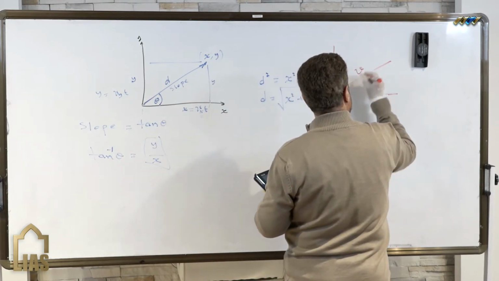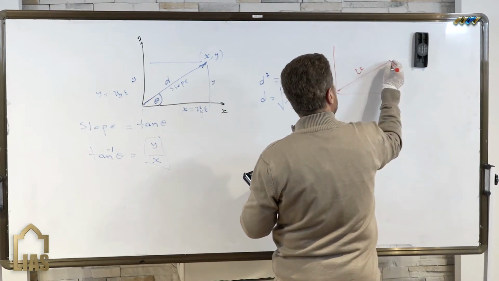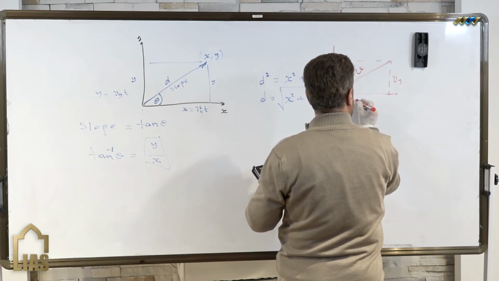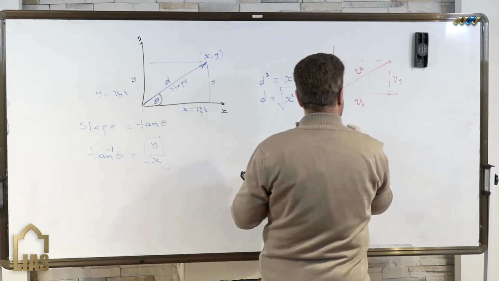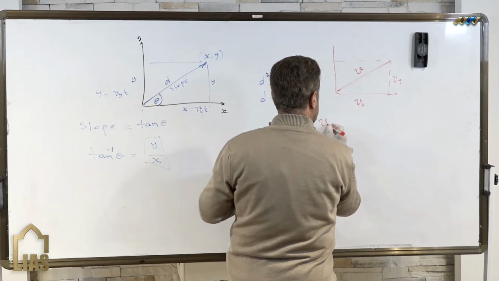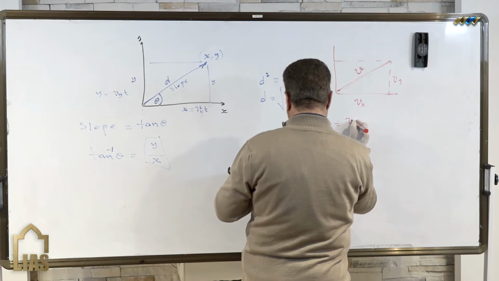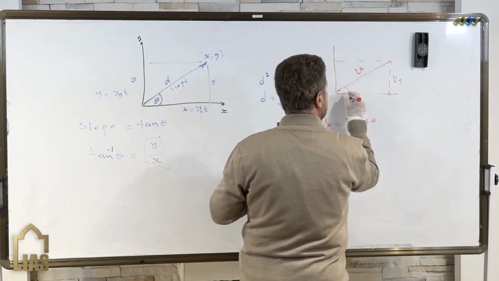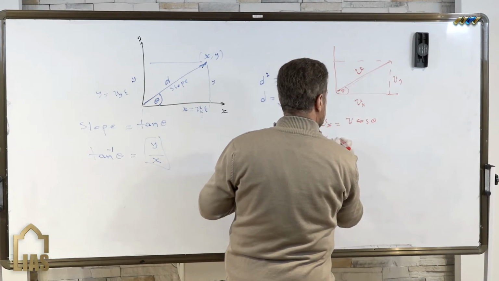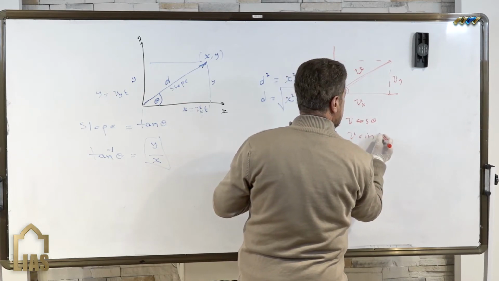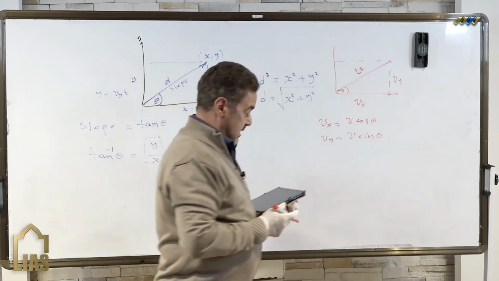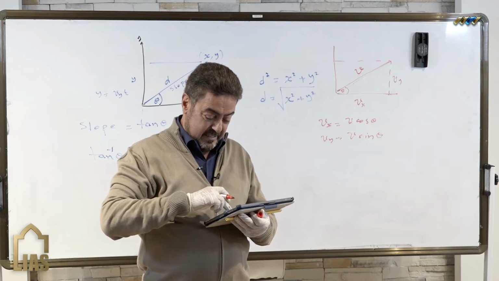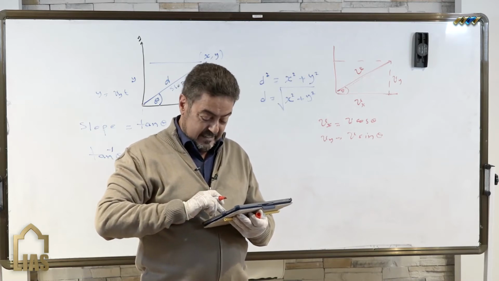But if we say here V, then also we have Vy and Vx. The same thing: Vx is equal to V cosine theta, because this is the theta, and Vy is V sine theta. Okay, this is defined in page 69.